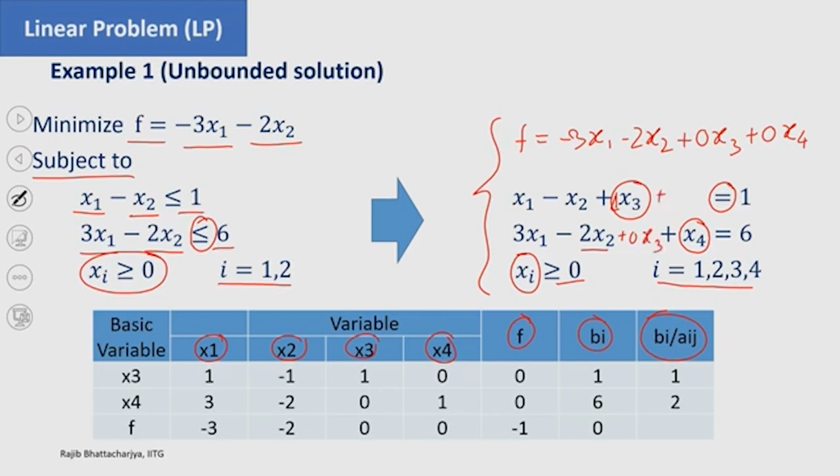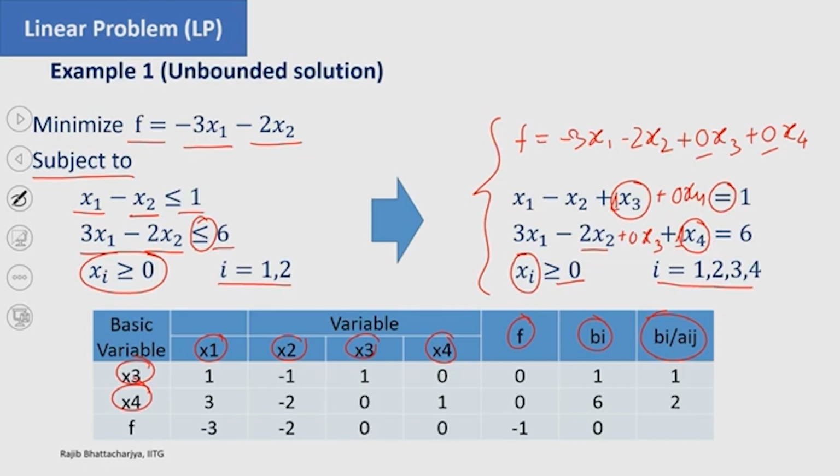Similarly, for x4 the coefficient is 0 here, and here it is 1, and in the objective function row the coefficients of x3 and x4 are also 0. So, initially I can consider that x3 and x4 are the basic variables, and x1 and x2 are non-basic variables.